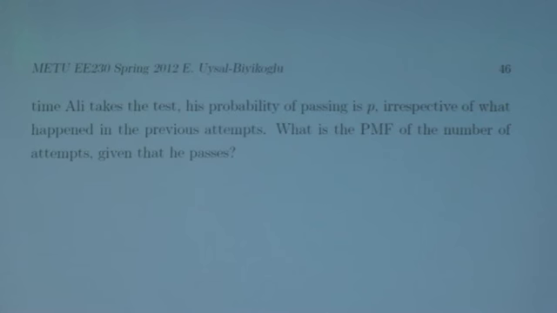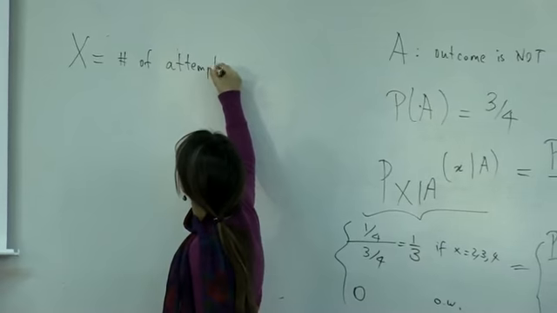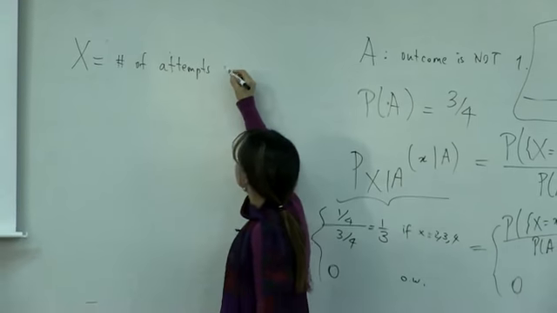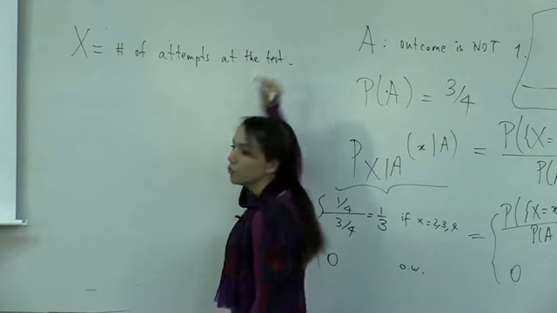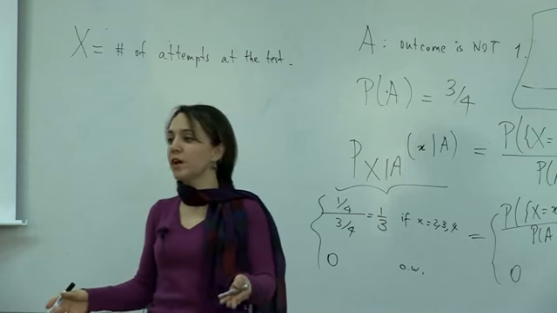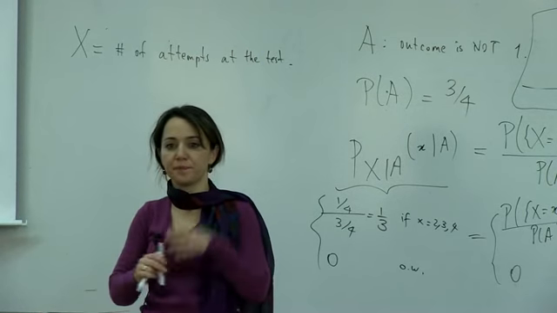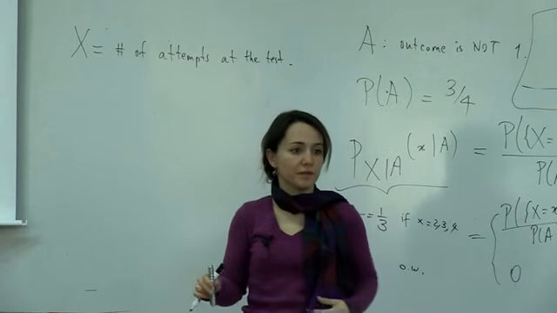Let X be the number of attempts at the test, meaning the number of times he takes the test. It's a random variable, right? What values does it take? 1 up to n.